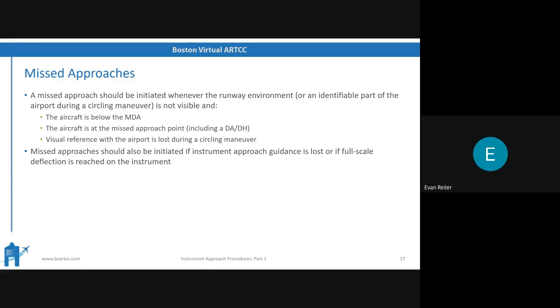There was an accident of a classic 737 in northern Canada several years ago that really focused a lot on crew resource management, but effectively, if they had followed this bullet point, people would have survived. The situation was exactly what Alec described, that there was full-scale deflection shown on the instrument. The co-pilot or the first officer was advocating for a go-round. The captain was saying, "Oh no, it's fine.